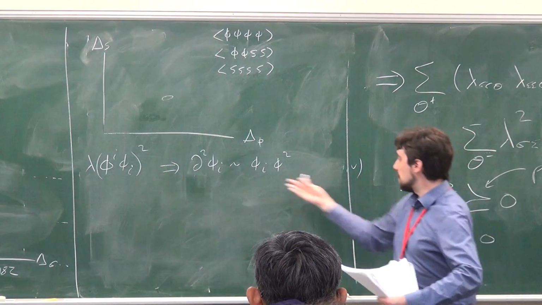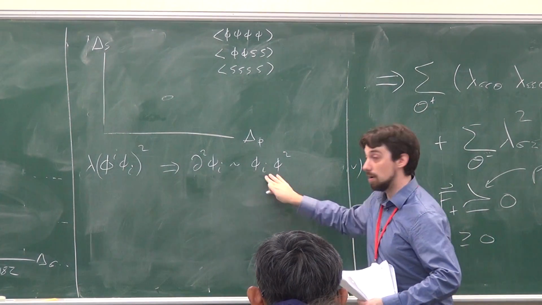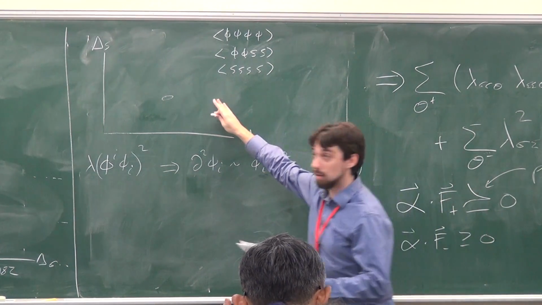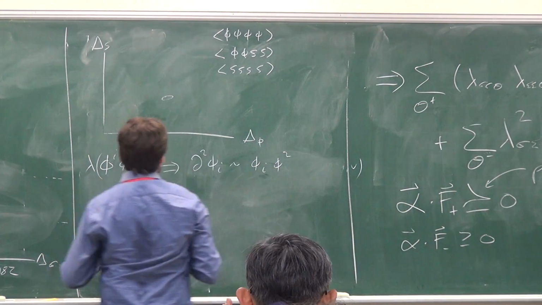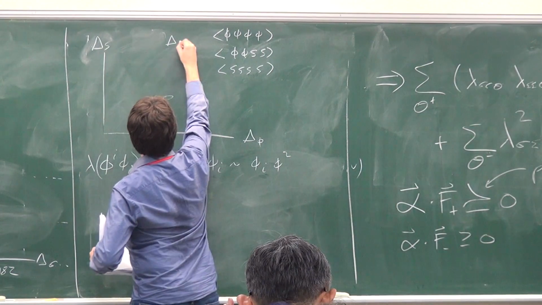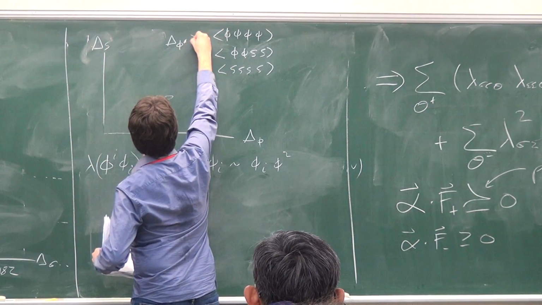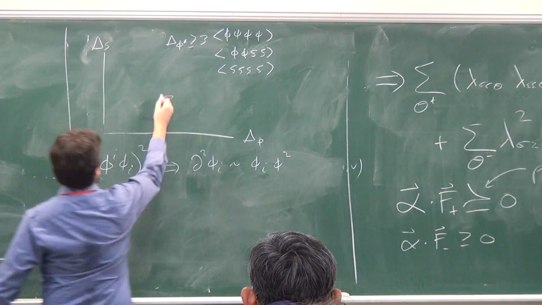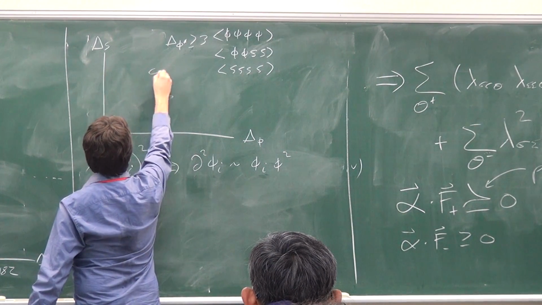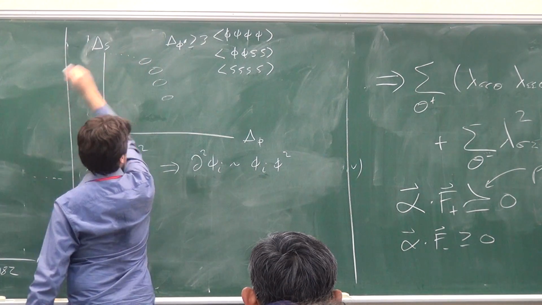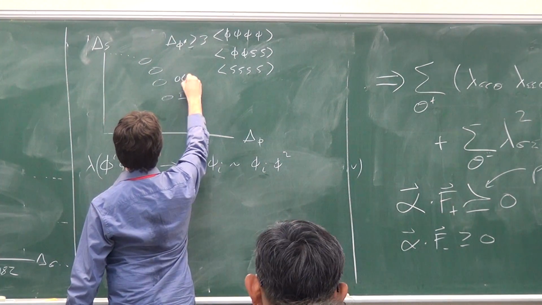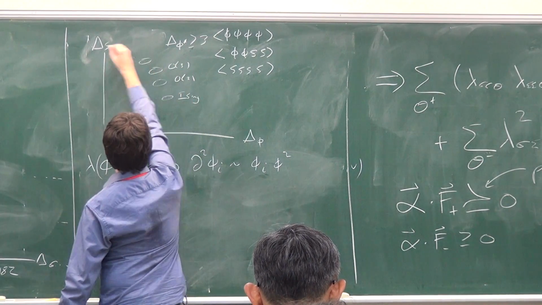So the whole story repeats itself. This tells me there should be a gap in the O(N) fundamental spectrum, and that's what we can put into this plot. So if you like, delta phi prime is bigger than 3. And it again leads to some sequence of islands for Ising, O(2), O(3), and so on.